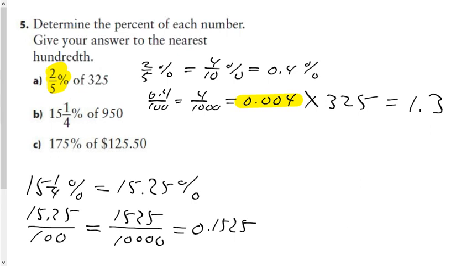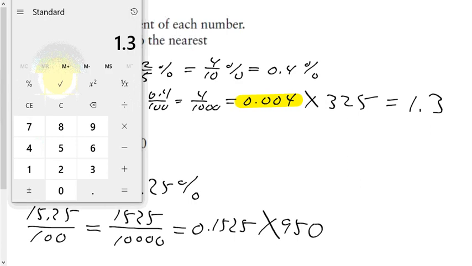That's a lot of thinking that goes on in that particular starting point for this question. Changing that percentage to a decimal involves all of that understanding. And since I'm looking for that percentage of 950, I'll just multiply it out. 15.25% of 950 is 144.875.